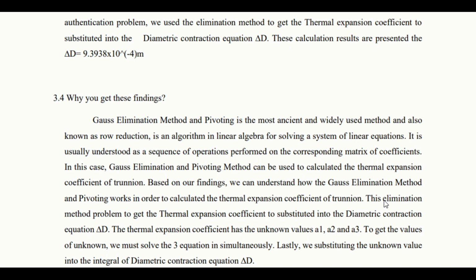In order to calculate the thermal expansion coefficient, this elimination method is used to get the coefficient to substitute into the diametric contraction equation delta D. The thermal expansion coefficient has the unknown values A1, A2, and A3. To get the values of the unknowns, we must solve the three equations simultaneously. Lastly, we substitute the unknown values into the diametric contraction equation delta D.